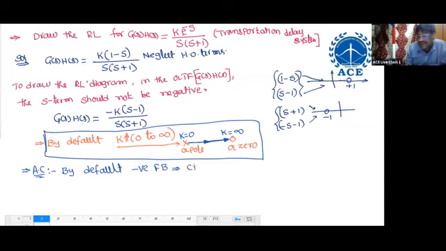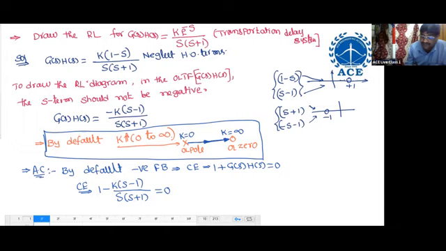So what is the characteristic equation? 1 plus G(s)H(s) equals 0. Now substitute G(s)H(s). If we substitute, what will I get? 1 minus K times (s minus 1) by s times (s plus 1) equals 0.